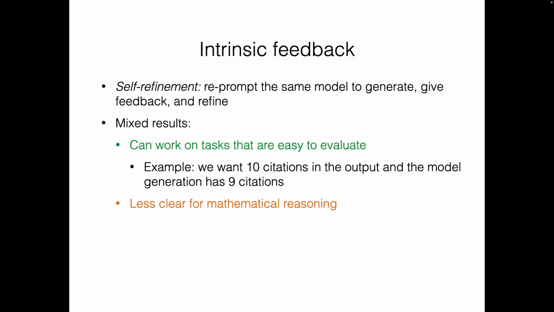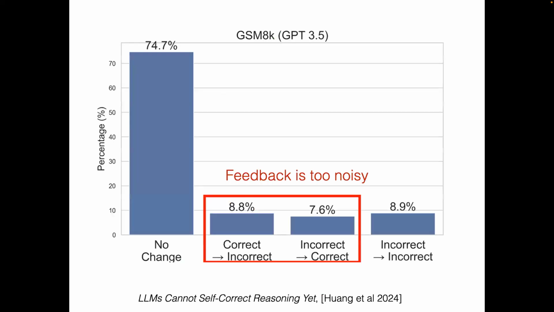Now, if you look at the model's capabilities, maybe its reasoning capabilities, and you're trying to get really high accuracy on a data set, then there it's been less clear. So here there was this paper looking at this for mathematical reasoning. And again, all of these findings are based on a specific model, and models change over time as well.